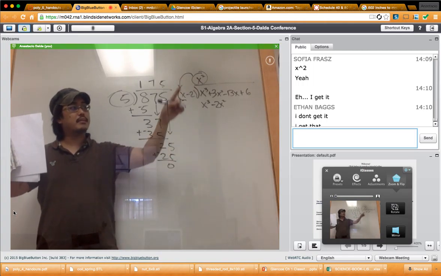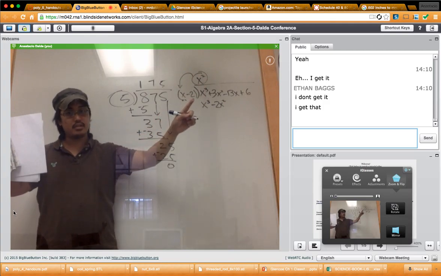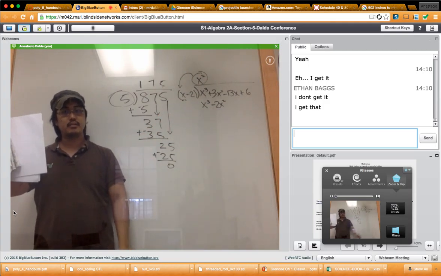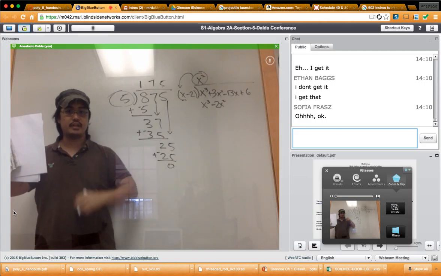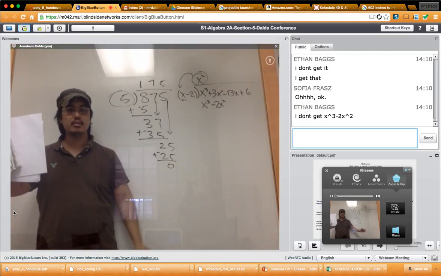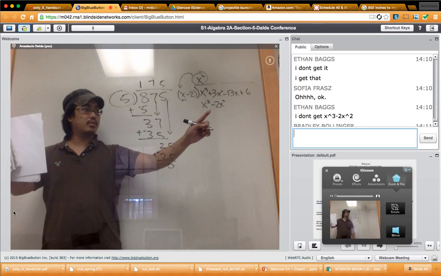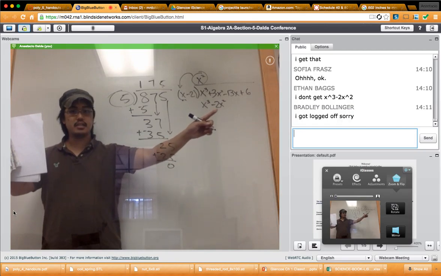X squared times x is x cubed. X squared times negative 2 is negative 2x squared. You just foiled that thing in there. We cool? You don't get the x cubed minus 2x squared. You don't get this thing right here. I just explained to you where that came from.